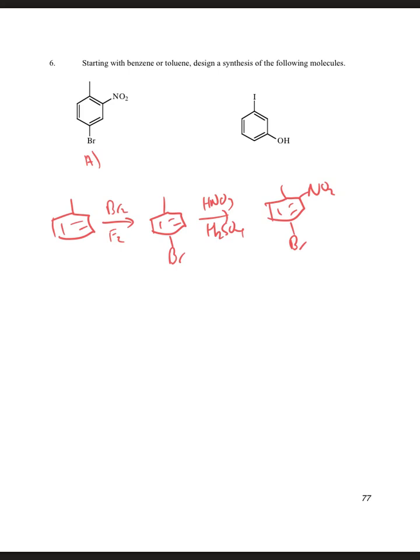Now the next one, because in this we have the methyl on there, it's an OP director, and everything we put on it ends up orthopara to one another. In the next one, the groups are meta to one another, so we need to nitrate it.